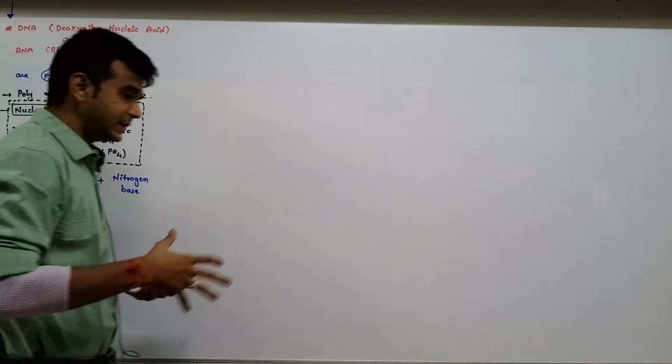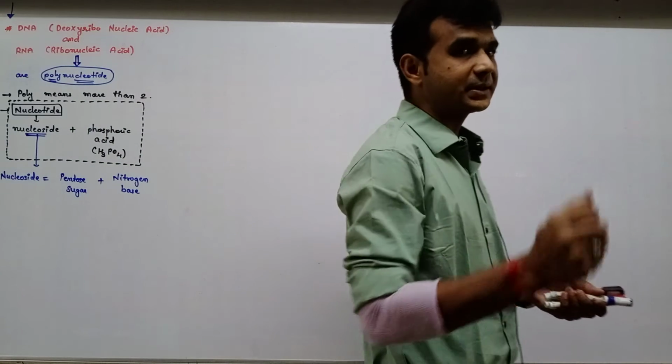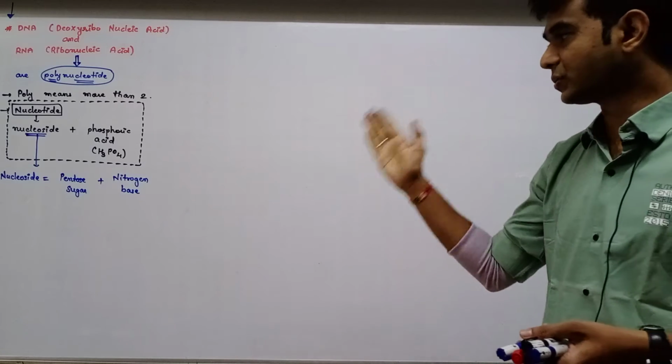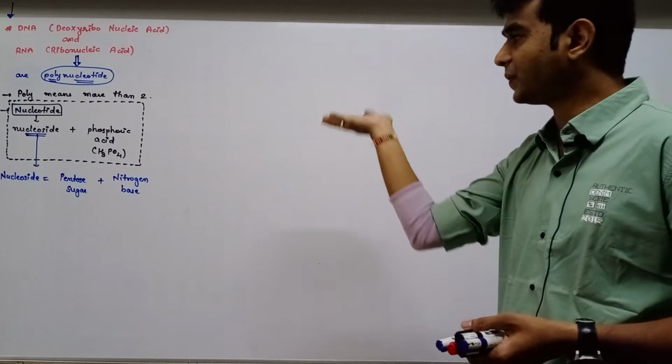So in DNA as well as RNA, the structural components are pentose sugar, nitrogen base, and phosphoric acid.